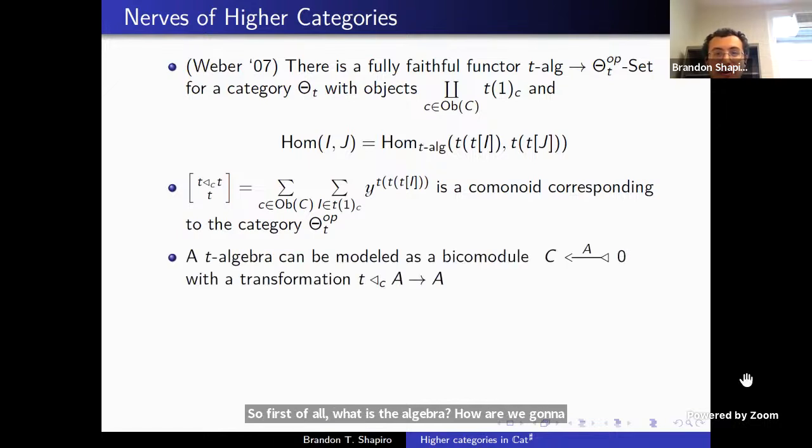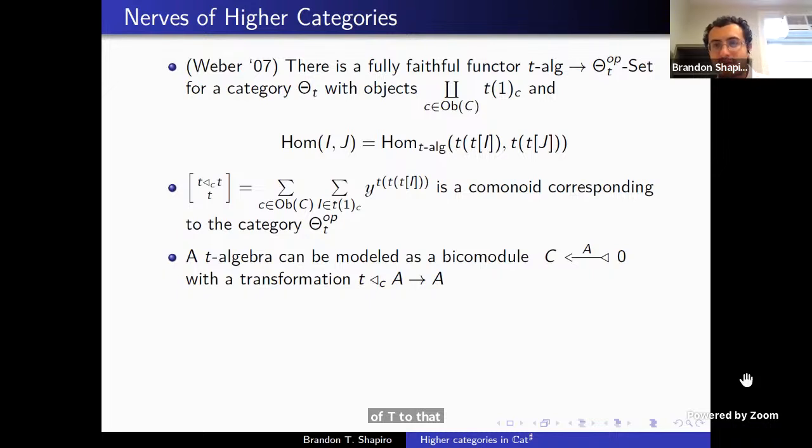I said before that a bicomodule from 0 to C is a C set, and that composing that bicomodule with T gives you the application of T to that C set. So in particular, T composed with A in Cat Sharp is T of A as a C set. And so a T algebra is exactly just a transformation from T composed A to A, just like classically, we would describe it as a morphism from T of A to A.